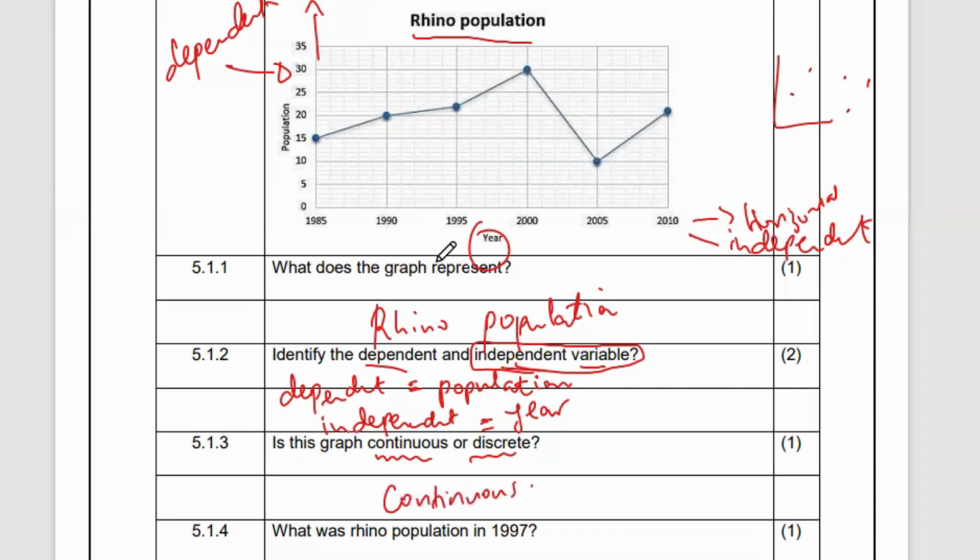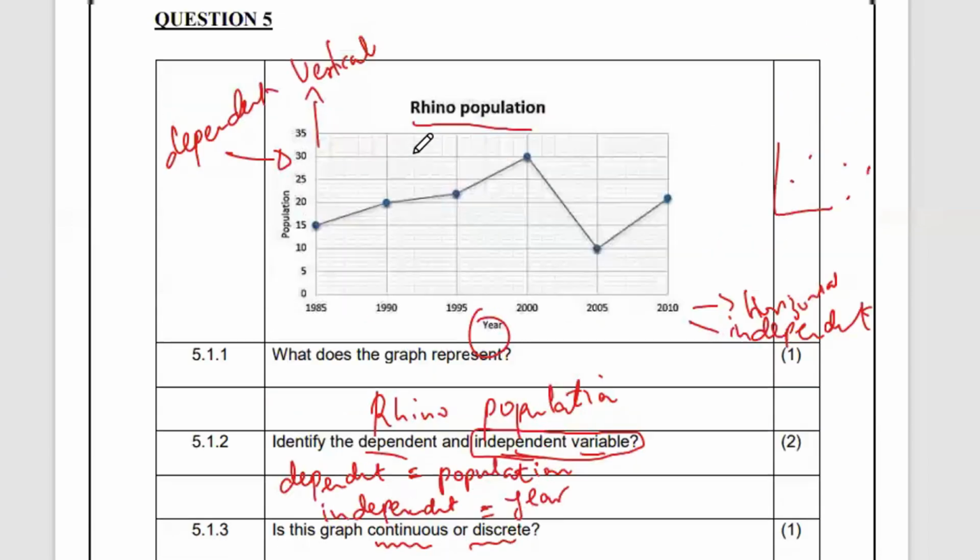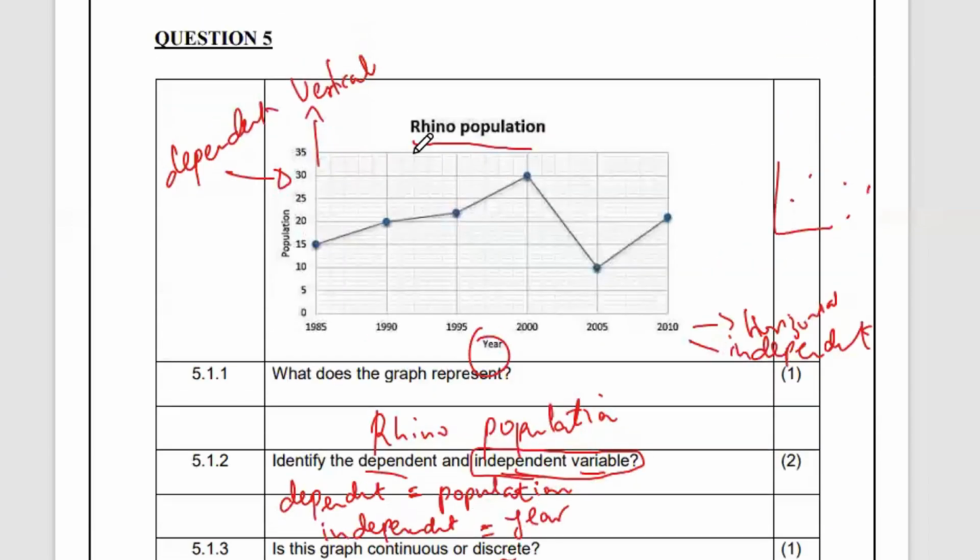Okay. Then 5.1.4, what was the rhino population in 1997? So someone would say, but we don't have 1997 here. Remember, this is a graph. We must use our knowledge of estimation, okay? And since it is a grid, there should be lines that were drawn. So this 1, 2, 3, 4, and then 5. So we have intervals of 5 years. Okay.